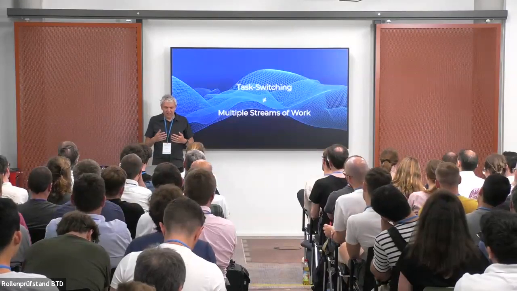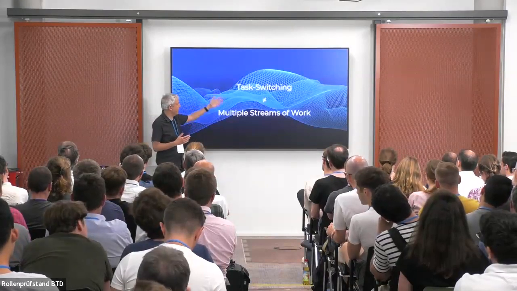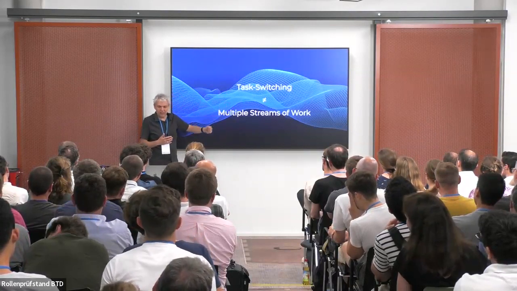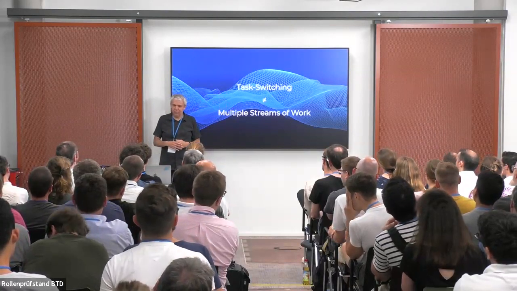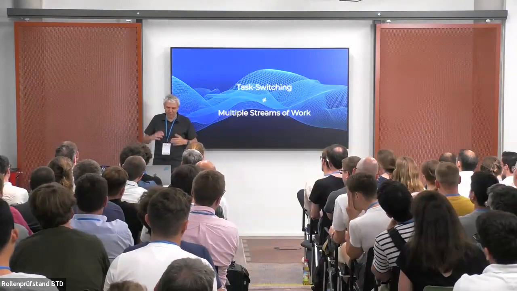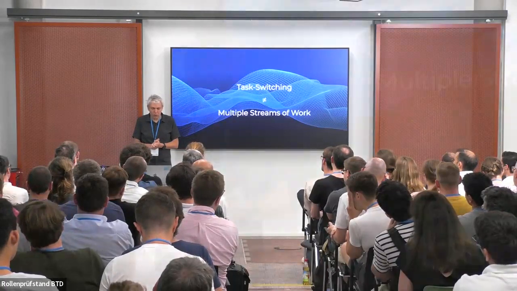There's task switching, and I'm not against multiple streams of work. Let's say probably most famous authors, or not just famous authors, will work on multiple manuscripts over the course of a week, or a month or a year.